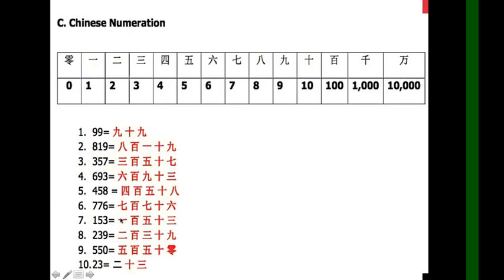Then 156, 1 hundred, 5 tens, 6. 239, 2 hundreds, 3 tens, 9.